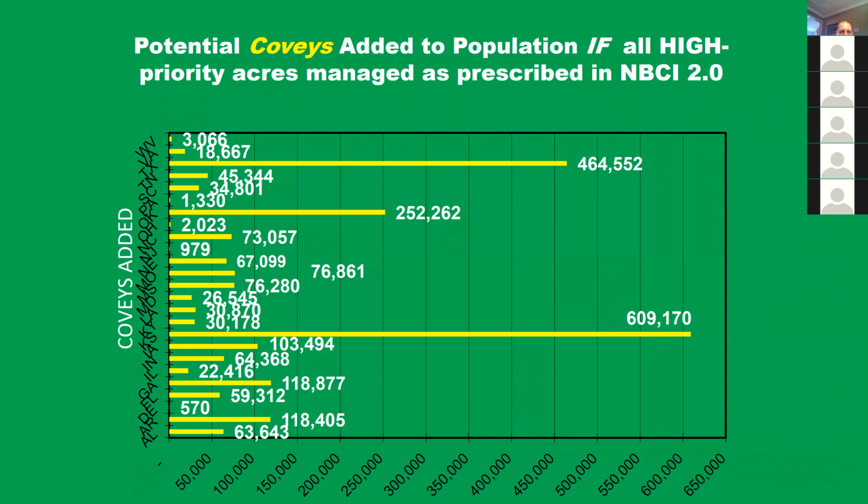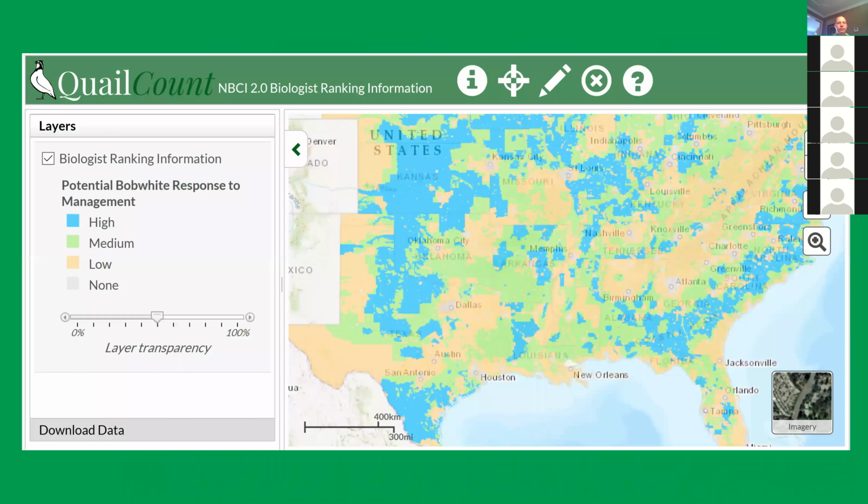Because the CIP and NBCI 2.0 are spatially based, we can take this down to the focal area level. And just as an example, and this is part of the quailcount.org website, you can come up with a quail population goal for whatever geography we're interested in.